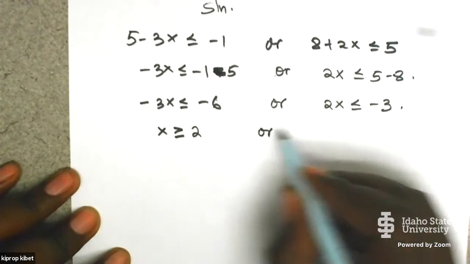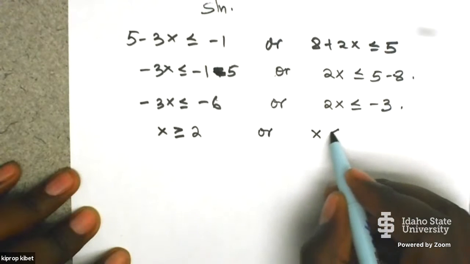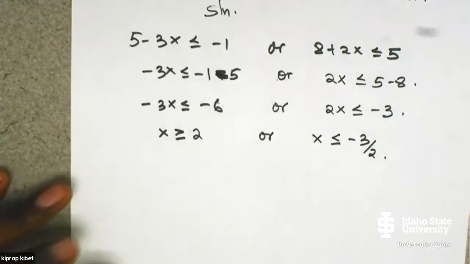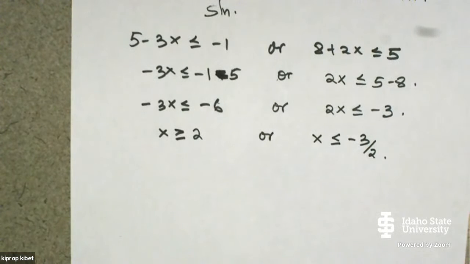Or here, x is less or equal to -3 over 2. Is that considered a fraction then? Yeah, that's just a fraction. So -3 over 2 is -1.5.